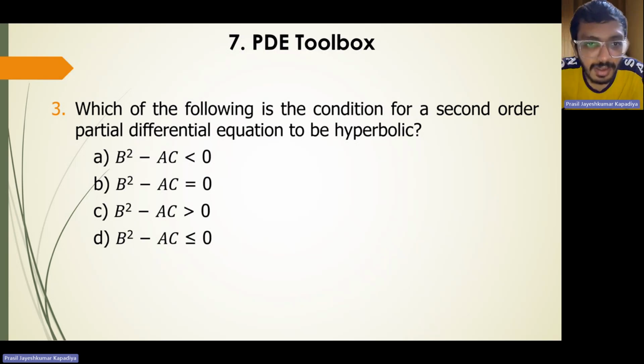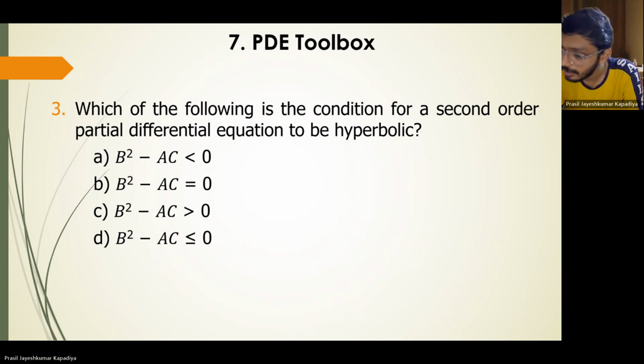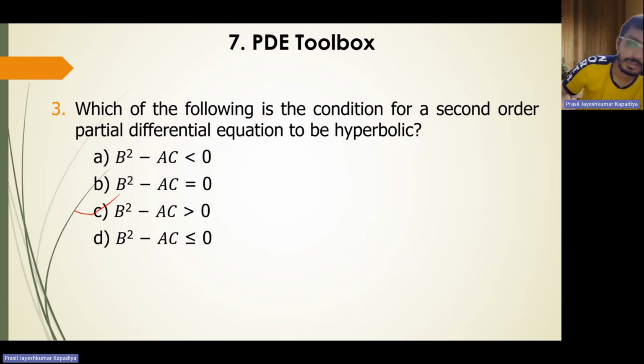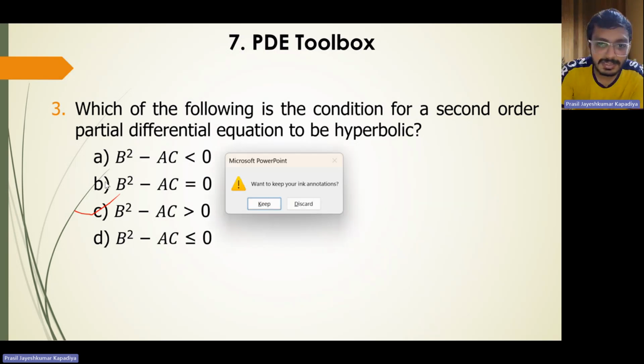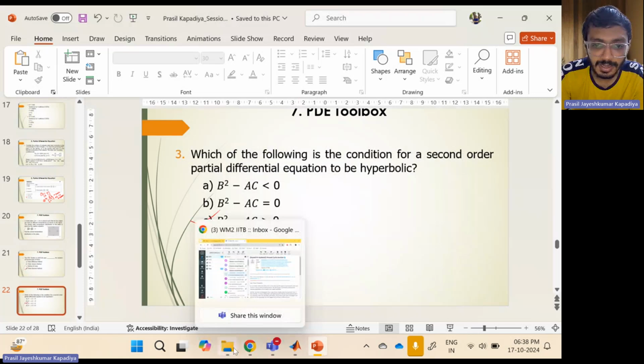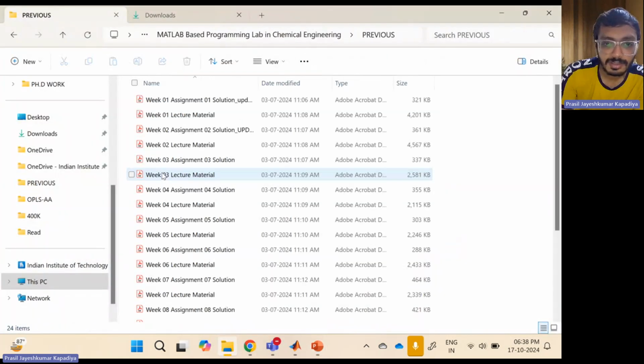Okay, my next question is: which of the following is the condition for a second order partial differential equation to be hyperbolic? So for hyperbolic, the condition is b square minus ac should be greater than 0. This is the condition for hyperbolic. So you guys should remember these things. Guys, let me just check this once again, I hope I have not made any mistake.